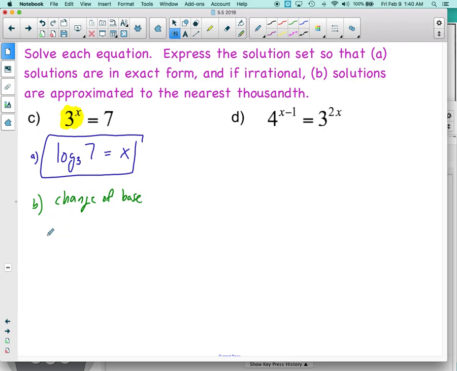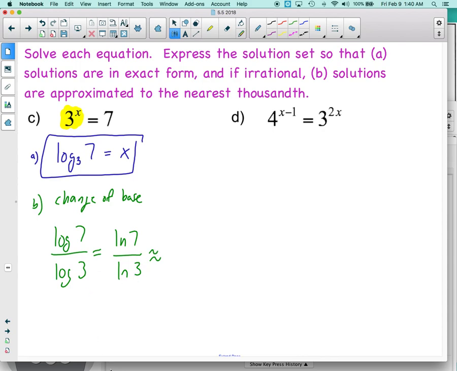What that says is that the log of the argument divided by the log of the base will give us our approximate answer. Or instead of doing log, we could do the natural log of 7 divided by the natural log of 3, and that would give us our approximate answer.